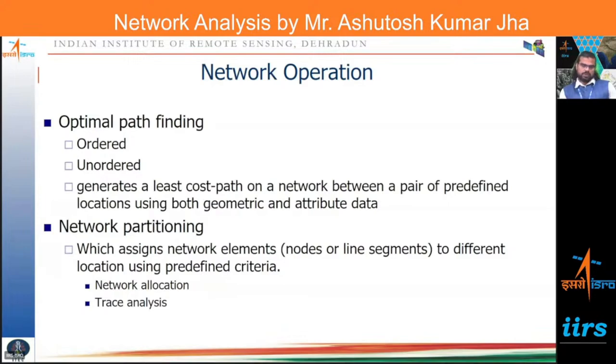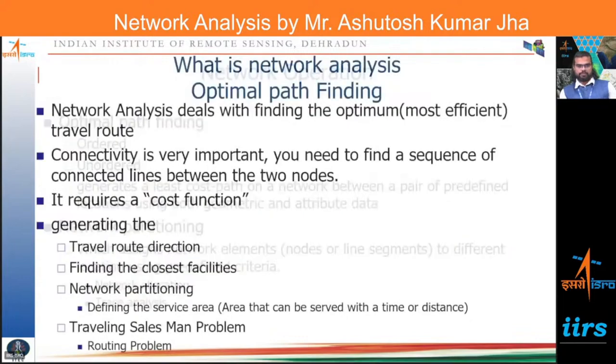An example is the services or queries where we need to find different places which we can visit, let's say, in 1 hour from the current location. It just divides the whole network. One part says what can be reached within 1 hour, and another part shows the portion of the network which is reachable in more time. These are the two basic-level operations.